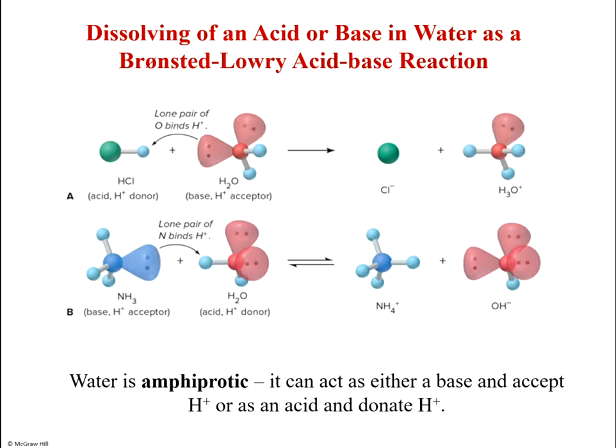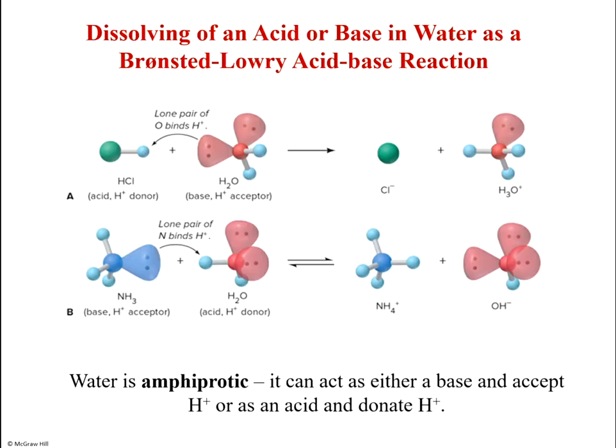Here we can see this in reaction form. Hydrogen chloride in reaction A is our acid. When this goes into water, the small blue ball there will come off the hydrogen chloride and stick onto the oxygen lone pair, producing the hydronium ion and chloride ion. In reaction B, we have ammonia, which is not an Arrhenius base, but is a Bronsted-Lowry base.